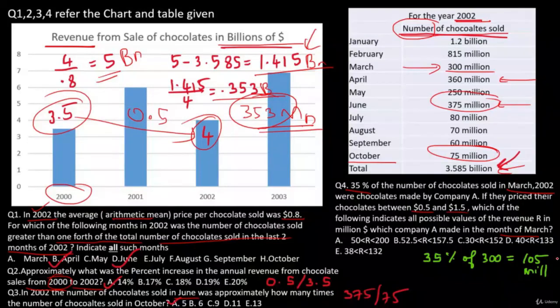Now, if all the chocolates were sold at $0.5, the amount of revenue that they made would be 105 into 0.5, which is equal to 52.5, right? So if all the chocolates were sold at 1.5, that would be 105 into 1.5 and you get 157.5. So the revenue has to be in between these two values, right? Therefore, the correct answer to this question is option B.